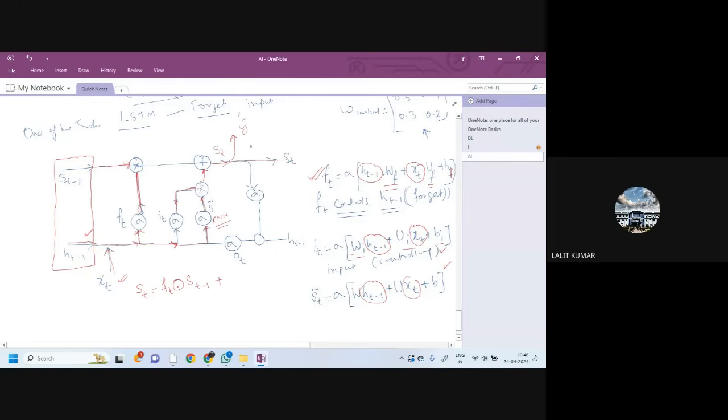Okay, this Y hat is nothing but softmax of V into ST plus B, and this ST we take to the next time step also. तो ये आउटपुट गेट से पास नहीं होगा ST? या नहीं, ST पास नहीं होता, HT होता है. ठीक है. I will come to the output gate also. ST does not pass, only HT passes.